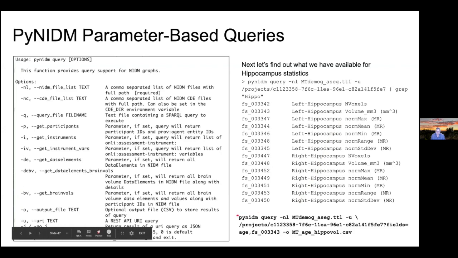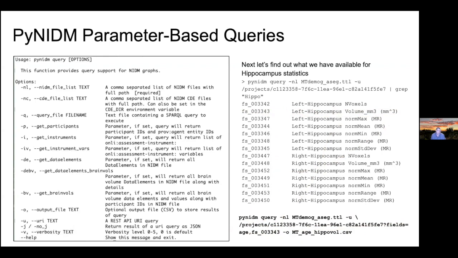And you can then actually pull back all that data itself by, again, running through that query and then specifying that you want to pull out certain fields, including age and this FS_003343. So again, that is an identifier in the graph, and that is the left hippocampus volume. Okay, so this is just using the PyNIDM parameter-based query, so you don't have to use the SPARQL.